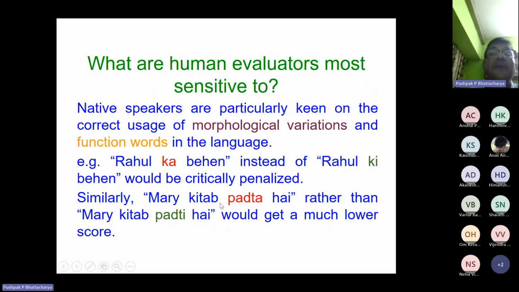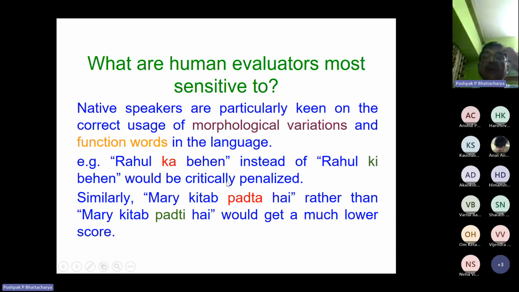Now, since we have a lot of experience in human evaluation of translations through adequacy and fluency, there are some interesting facts we observed. We found that native speakers are particularly keen on the correct usage of morphological variations and function words in the language. So Rahul ka behan, even though it is adequate, it is conveying the meaning, whose sister is who, instead of Rahul ki behan would be critically penalized.